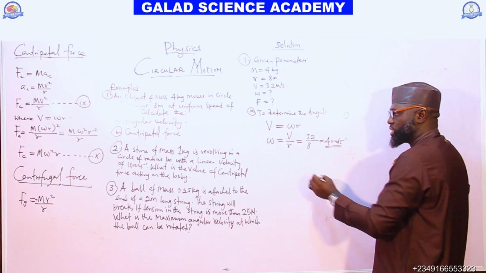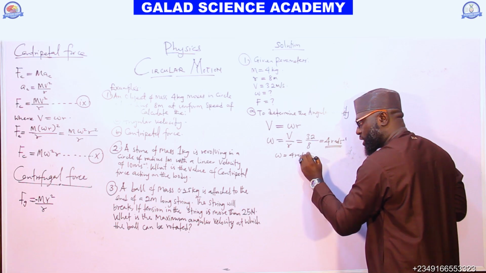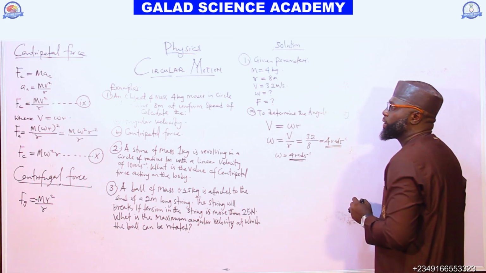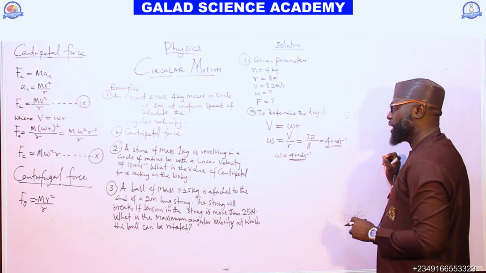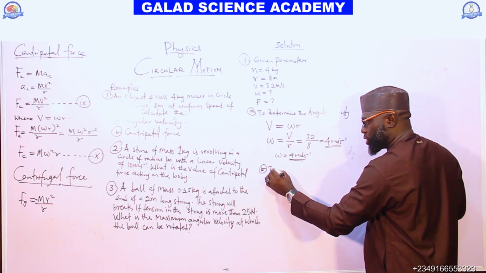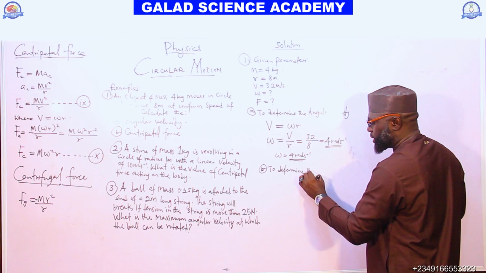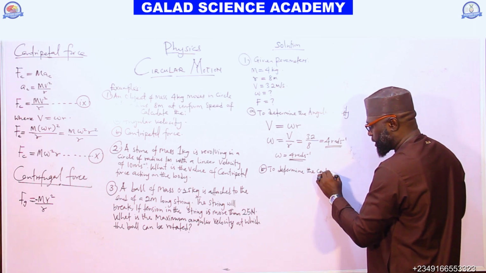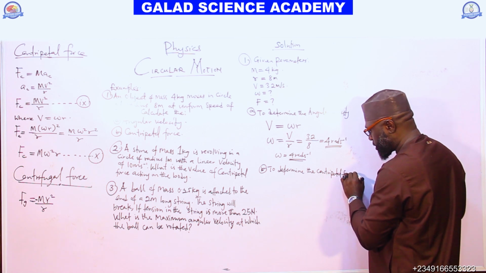That is the angular velocity. So the angular velocity is 4 rad per second. So the next one is to find the centripetal force. B. Determine the centripetal force.